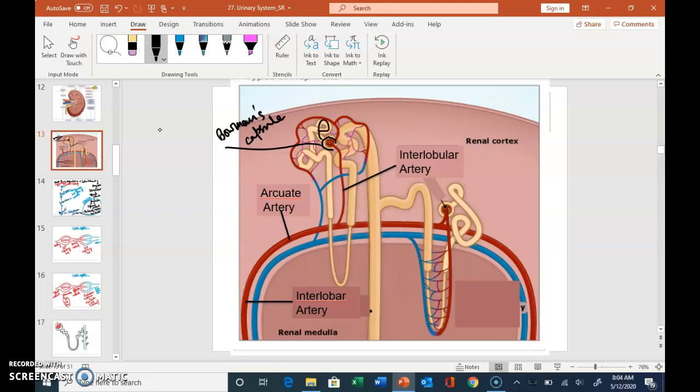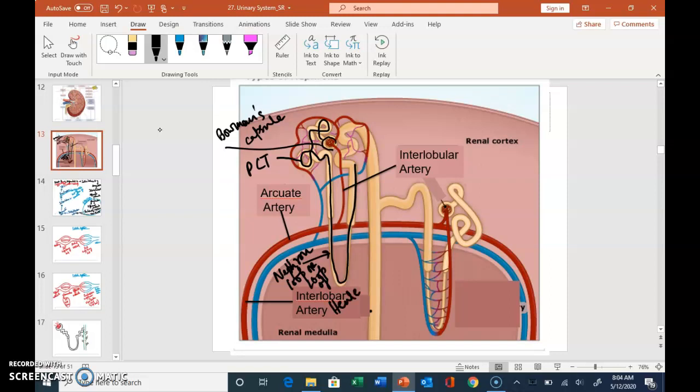Then this part is coiled, right? This coil part is called proximal convoluted tubule, which then leads to this hairpin-like structure. The hairpin-like structure is called nephron loop, also known as loop of Henle.